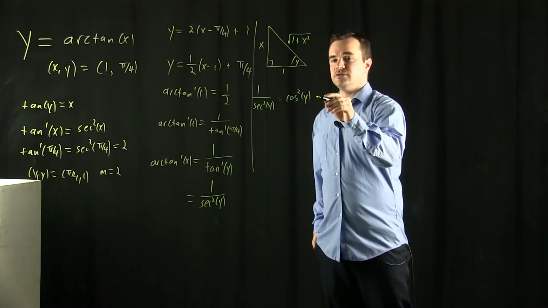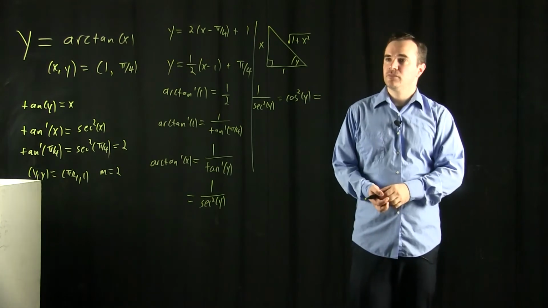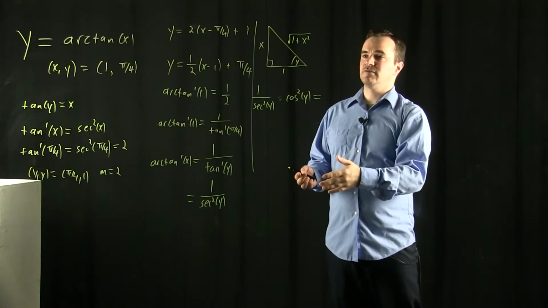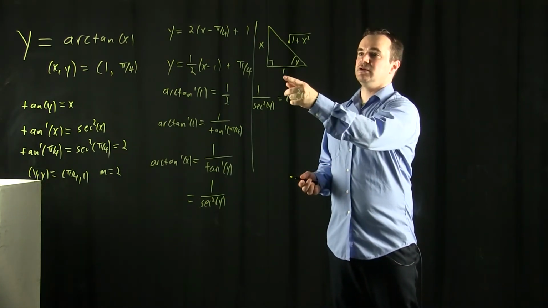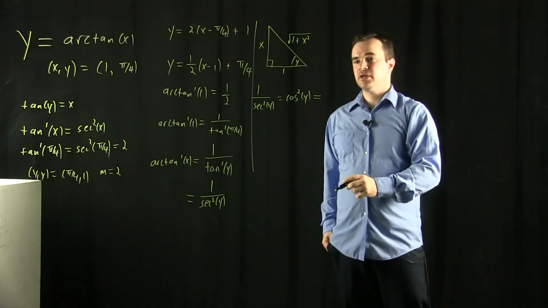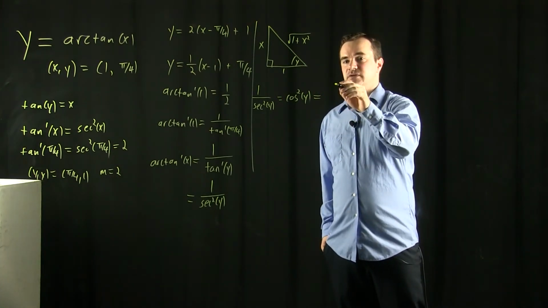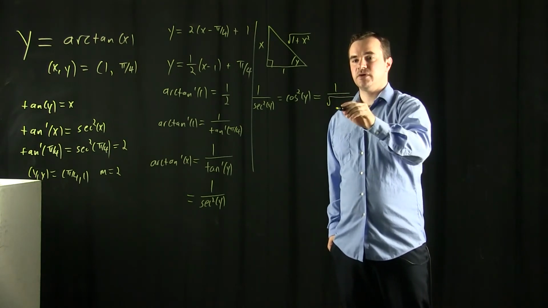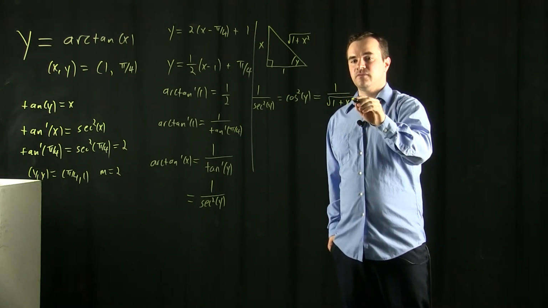In order to do that, cosine of y, I just have to remember that's going to be the length of the adjacent side over the length of the hypotenuse. So that's going to give me 1 over the square root of 1 plus x squared.